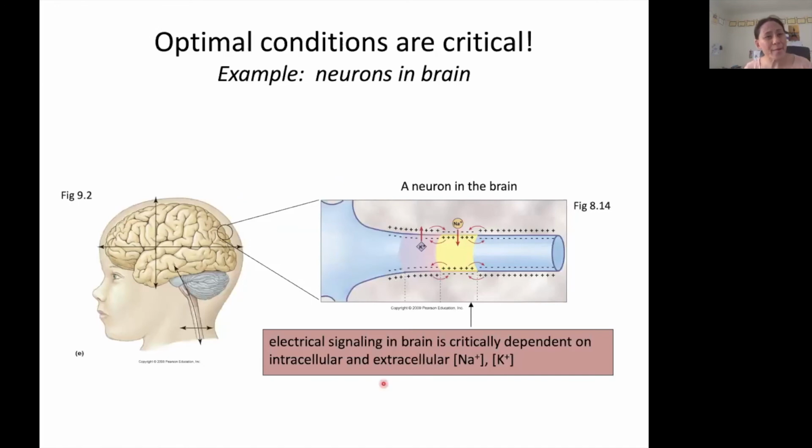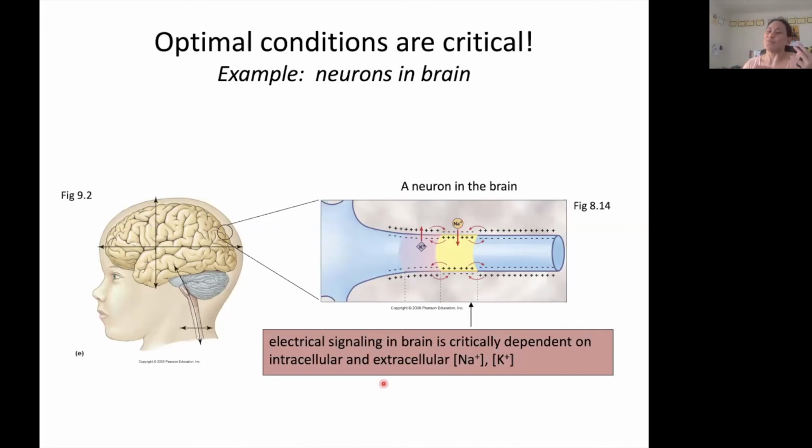Here's another example of where optimal conditions are critical. This example is a neuron in the brain. In maybe 2 or 3 weeks, we'll be talking about this in much greater depth. But suffice it to say, hopefully you already know this, that neurons in the brain are capable of sending electrical signals.